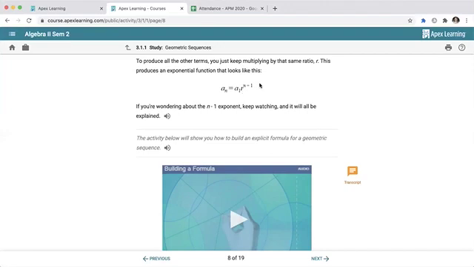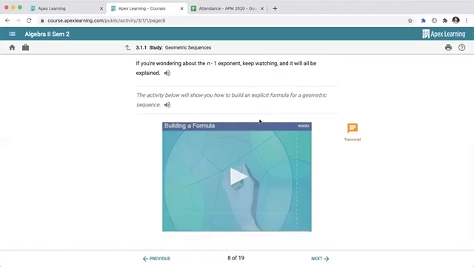Let me remind you, if you raise something to the 0th power, that gives you a value of 1. So r to the 0th would be 1, and that should make sense here: a1 equals a1. But let's look at this building a formula video to see what else they have to explain for us.